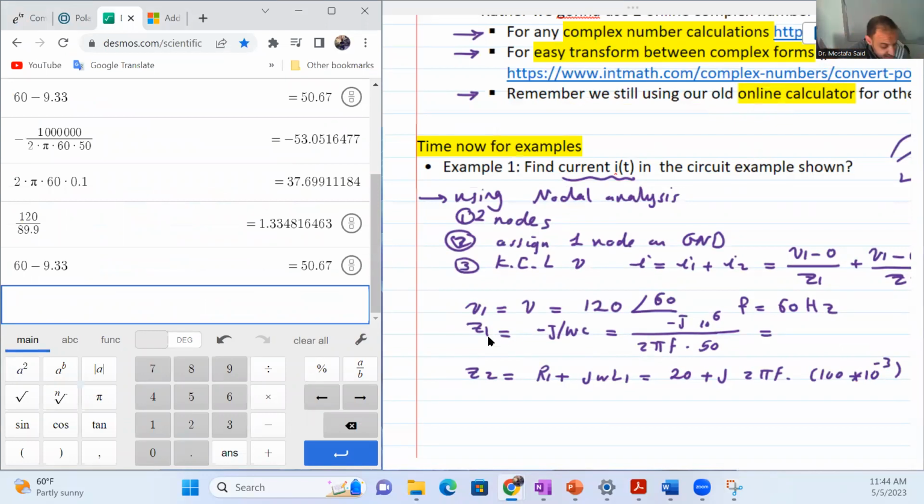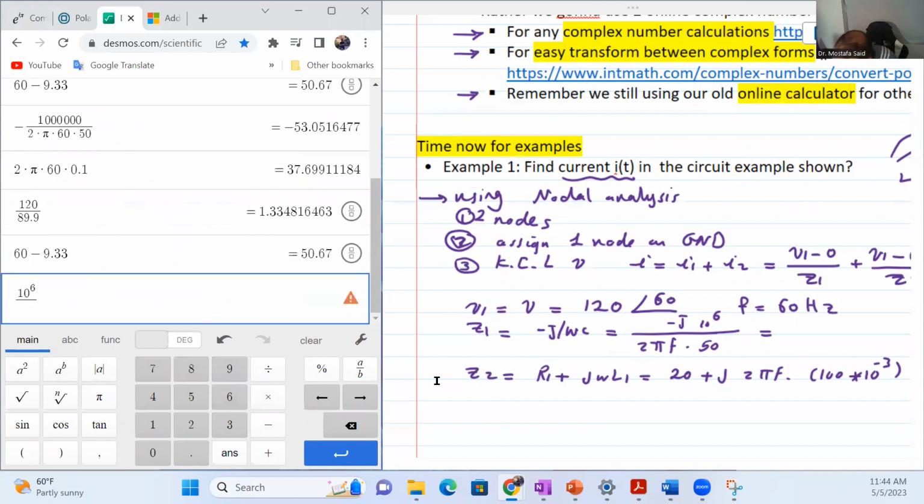Z1 is 10 to the power of 6 divided by 2 pi F, 2 multiplied by pi. You can just write pi, and the F is 50, and again 50, which is the capacitance. So this gives us something.